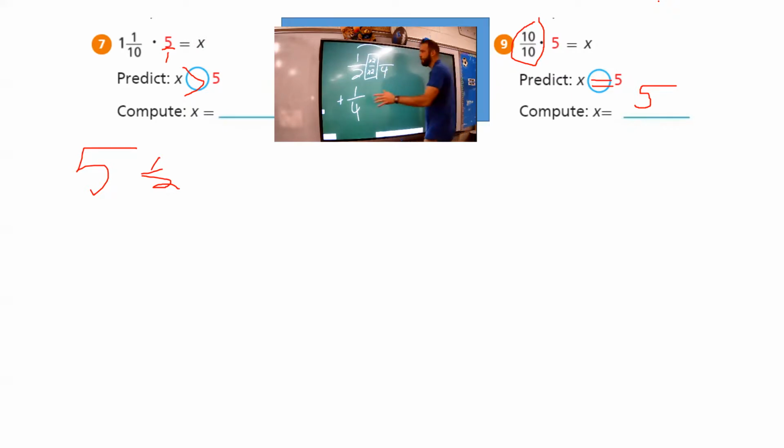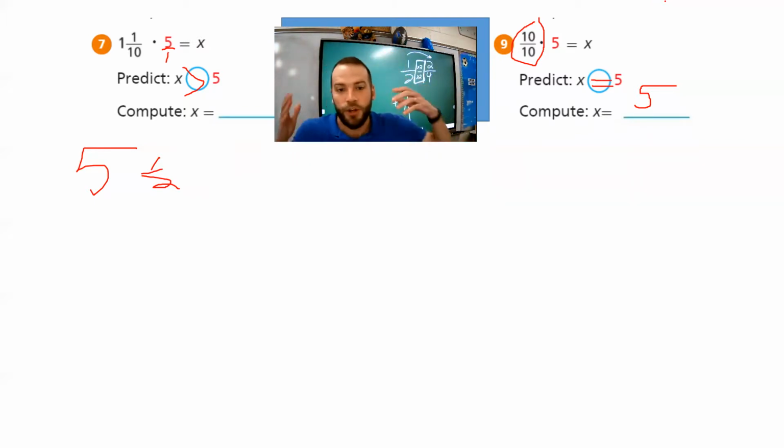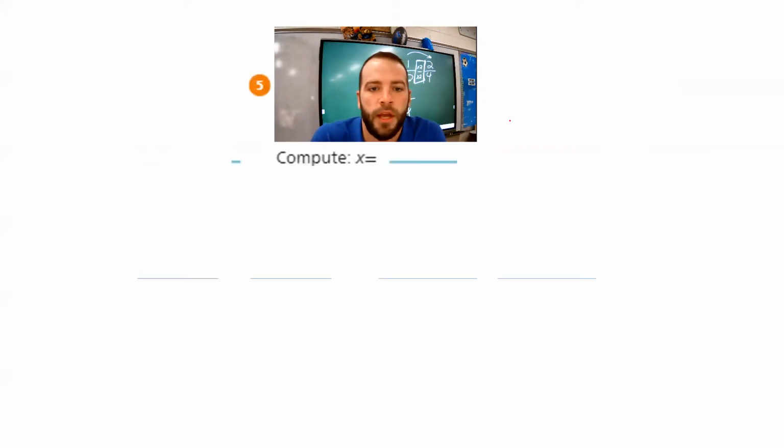You are actually right here multiplying it by 2/2. So every time we came up with an equivalent fraction, we were multiplying it by 1 whole every time. Whatever you do to the bottom, do to the top, you're multiplying it by 1 whole. You just have it as a fraction. That's why it was always equal.